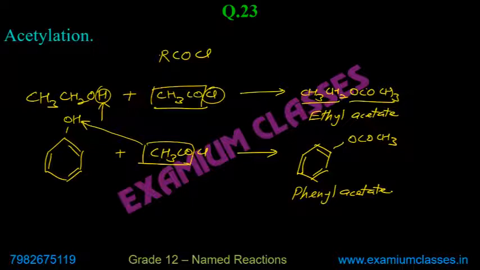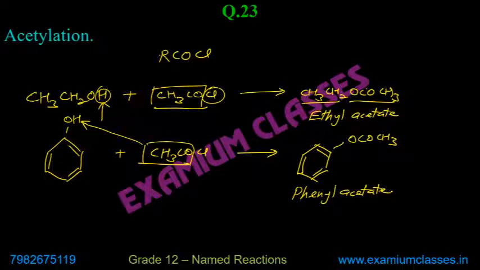Phenyl acetate. So the alcoholic group, including the phenolic group, when reacted with acyl chloride or acetyl chloride or halide, acetates are produced.